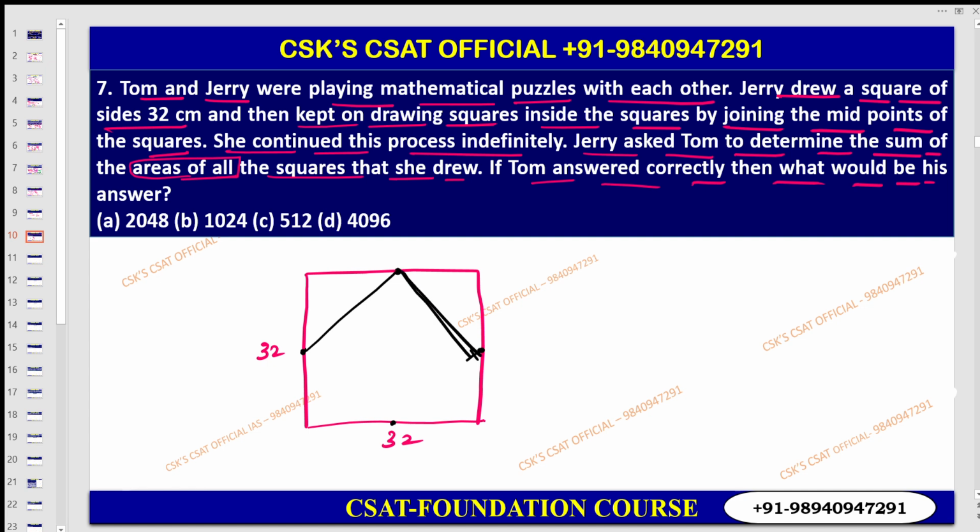Forming the midpoints, forming another square. Then forming the midpoints, forming another square. So this is the simple diagram I'm giving you. You guys are able to understand the diagram, right? Then again like this, indefinitely you are able to do this here.